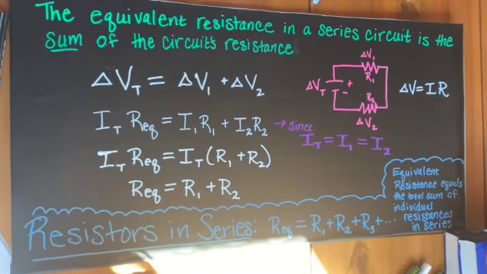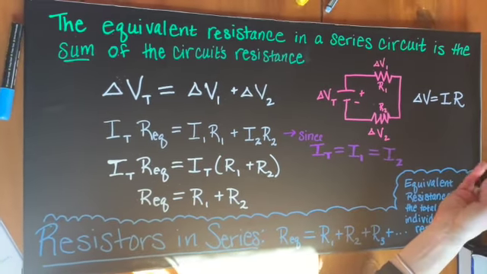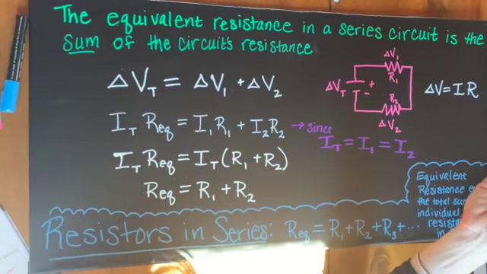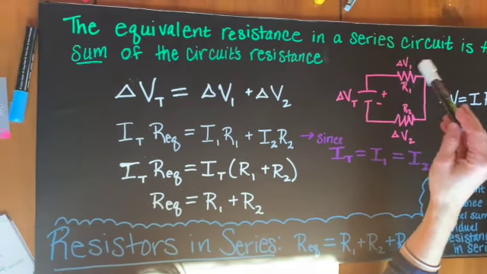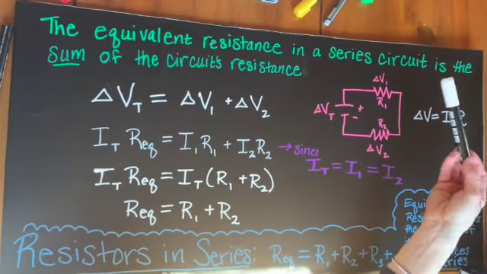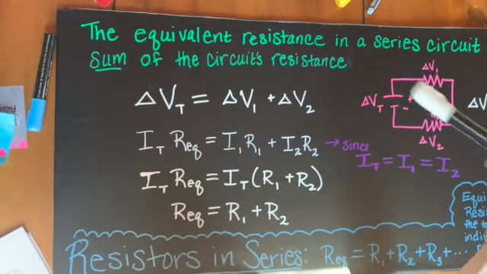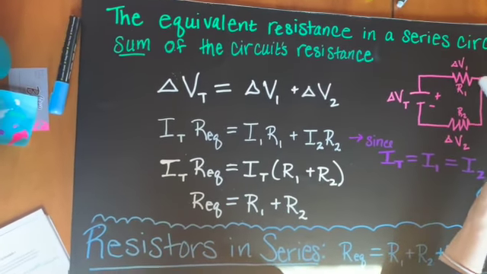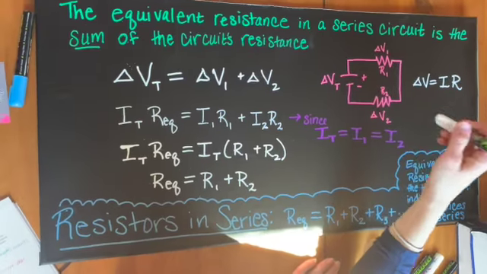So we're going to derive this formula because what we know for sure right now is we're looking at this circuit we have with the two light bulbs. We know that the total voltage across this entire circuit is equal to the sum of our potential differences. So we have our total potential difference is equal to the potential difference across resistor 1 plus the potential difference across resistor 2.